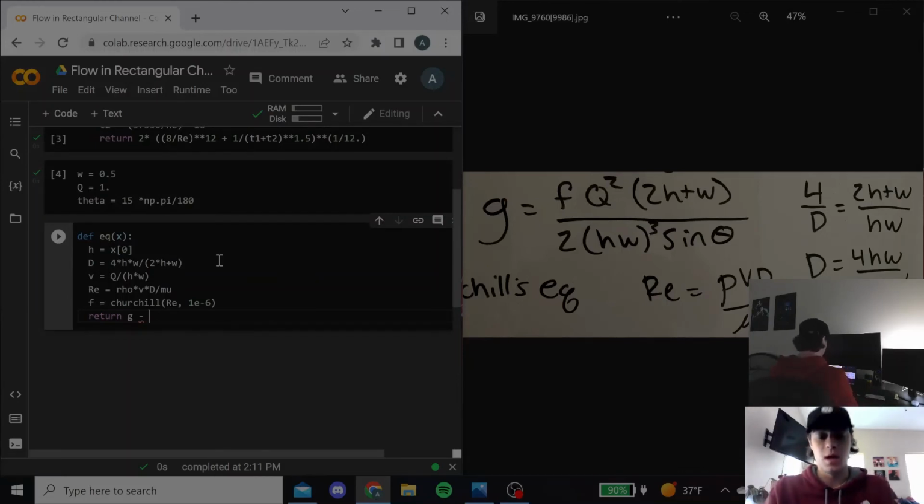So I just have to type this out. We have f times q squared times 2 times h plus w, divided by 2 times h times w, squared, times the sine of theta.